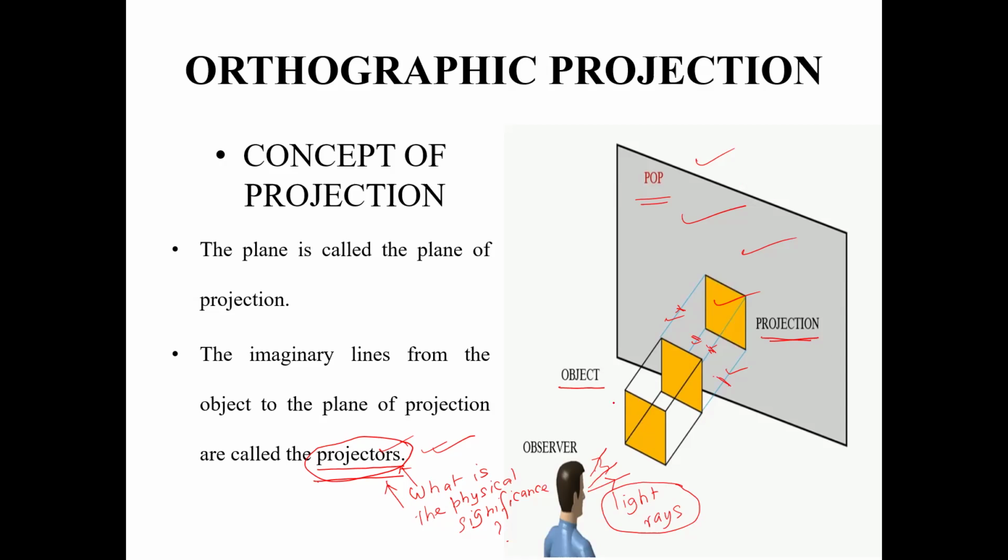These light rays are sweeping past the boundaries of the object and ultimately they are terminating on the plane of projection. In the process, you are able to project the object on the plane of projection and get the projected view, which is also called the projection itself. That projected view will reveal some important information about the shape and size of this object.